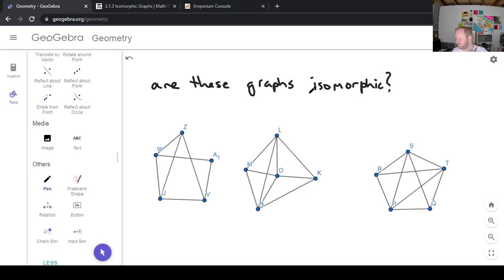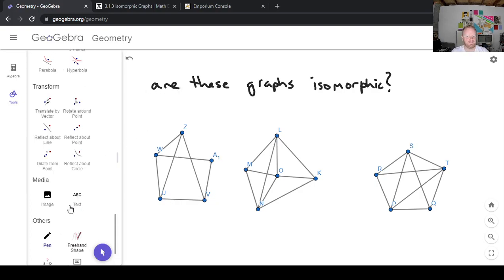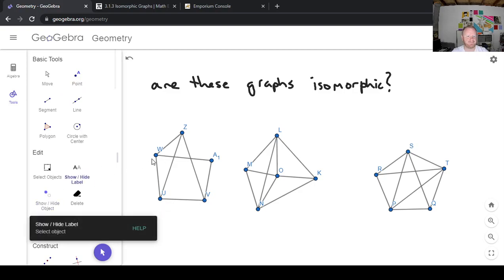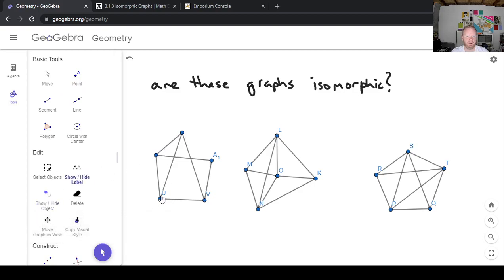Are any of these graphs isomorphic with each other? And the answer to that, I'm actually going to take away the labels for these for a second. We can spend some time trying to rearrange these. And if we can rearrange them enough, then we might be able to get these graphs to look like each other.